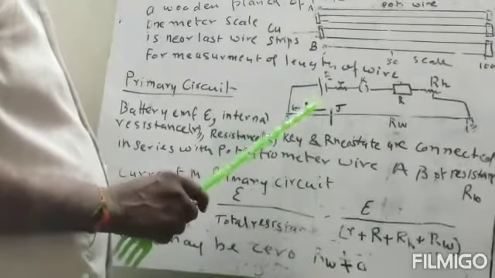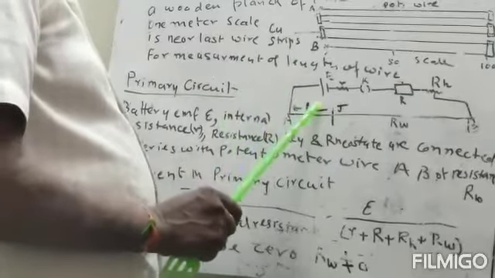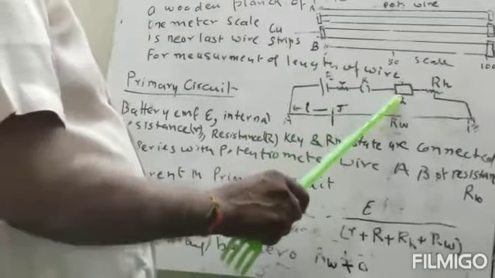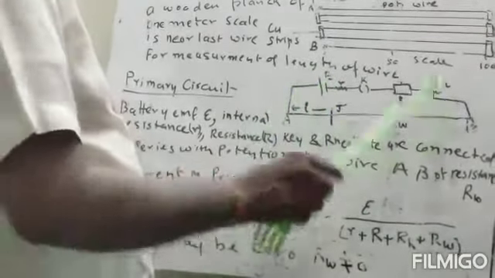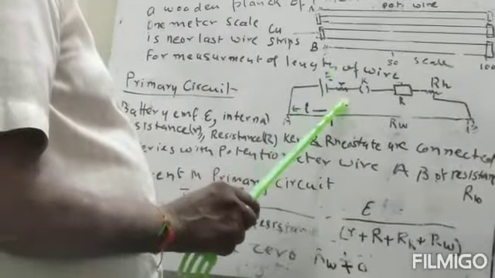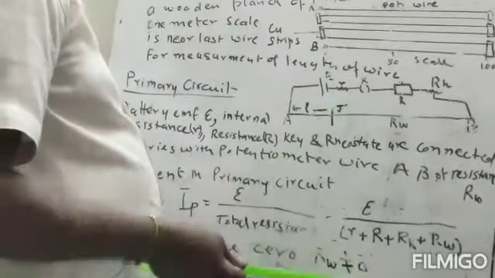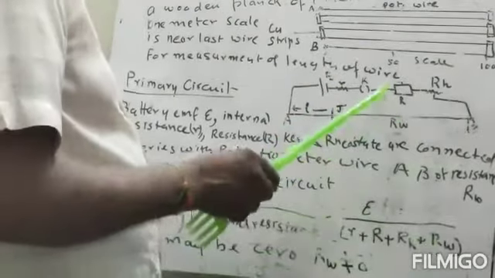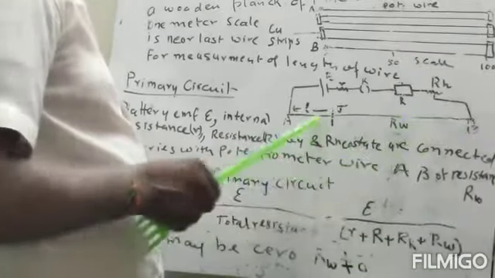So we will have to use a battery, which is a secondary cell and whose EMF is constant and internal resistance is also small. Now here I have given a general case where we have considered small r, capital R, RH. Here small r can be 0. Capital R may be 0. RH may be 0. But Rw cannot be equal to 0.